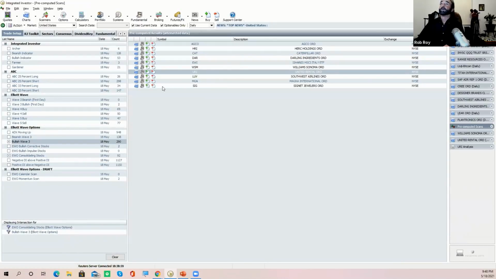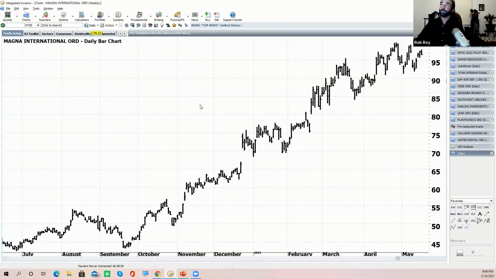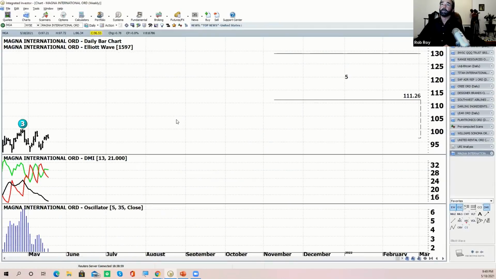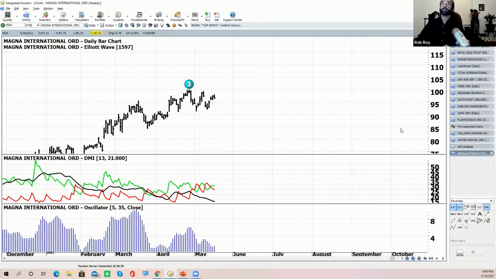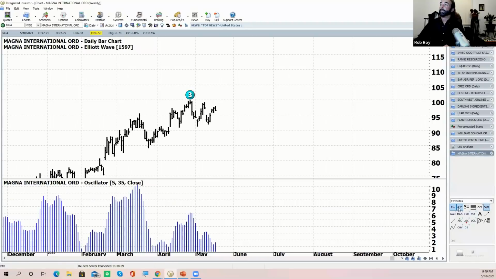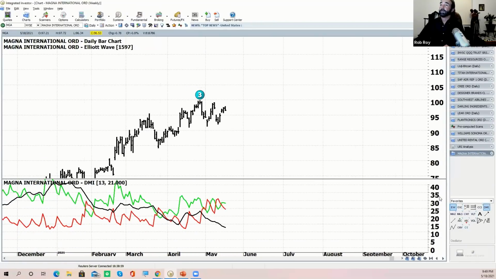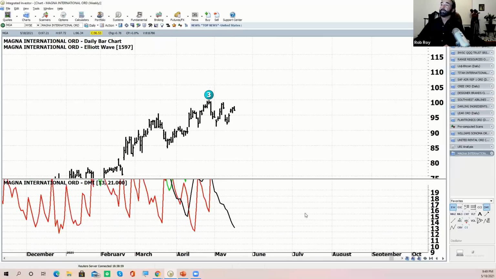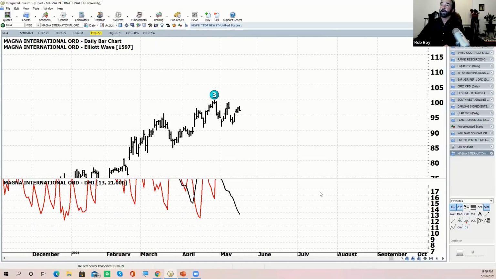So let's see what MGA looks like. We looked at the Signet Jewelers, and the options are not good there. I meant to click this one off. So that ADX is just getting down to 13.